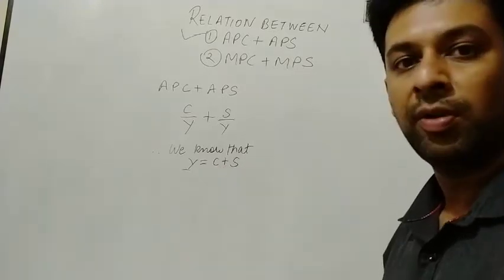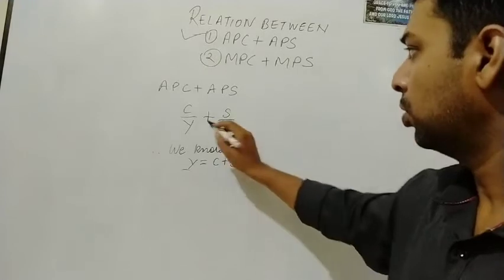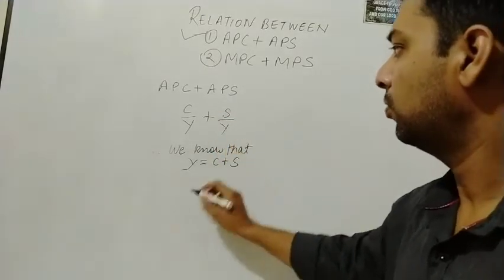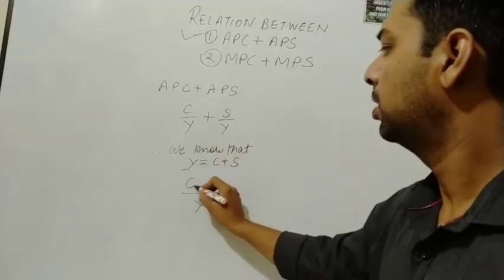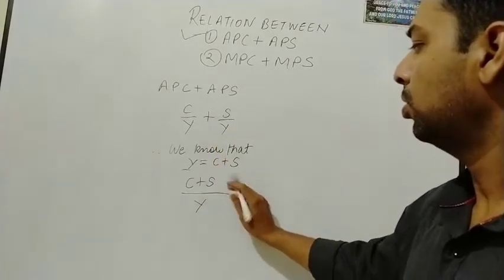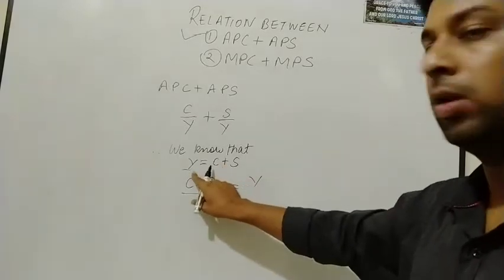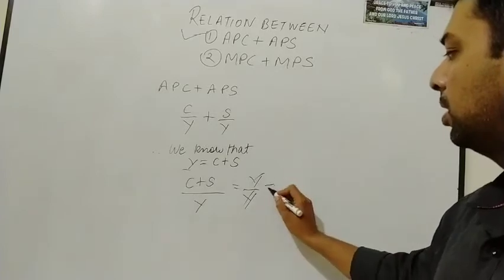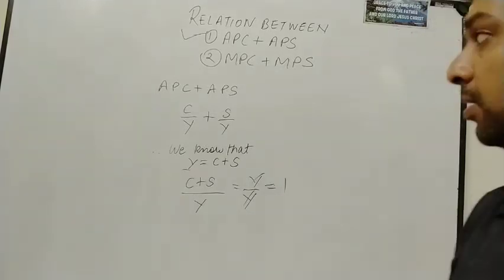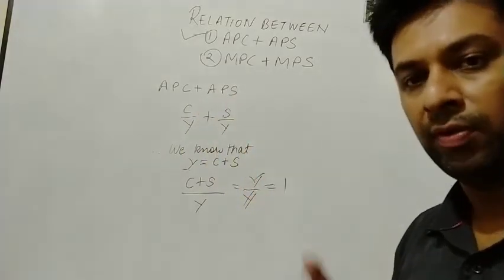These are the components of aggregate supply, which we also studied in that concept. So when you take the LCM, it will be Y in the denominator and C plus S in the numerator. C plus S we can write as Y, so Y upon Y cancels out and it will be 1. So the total of APS and APC will be equal to 1.